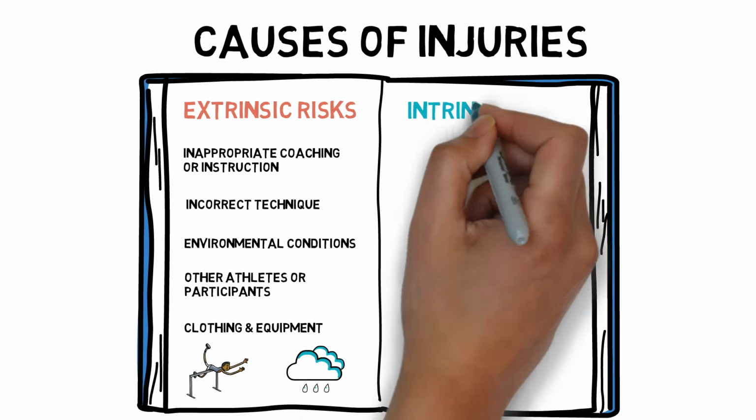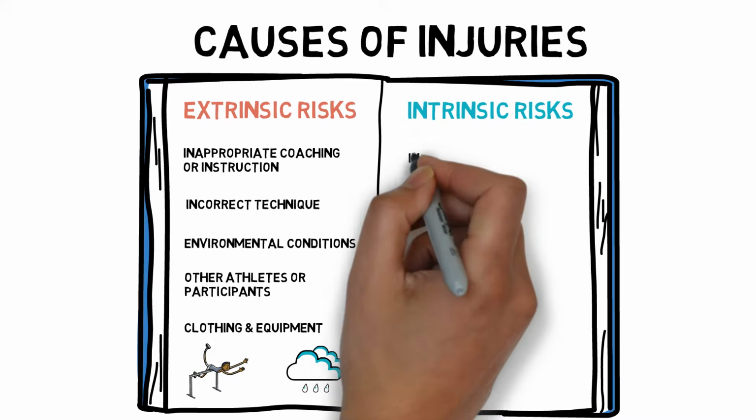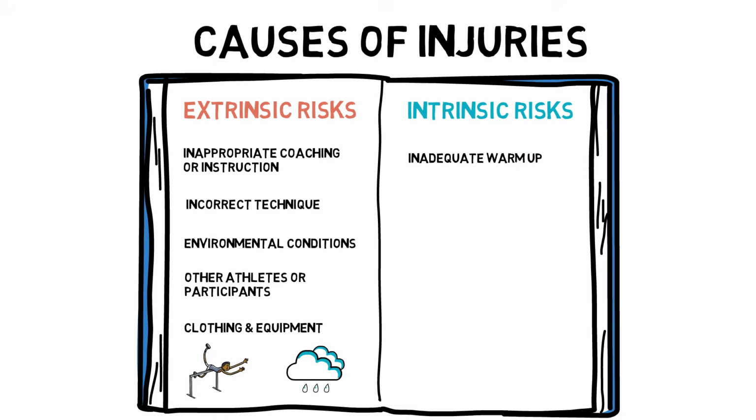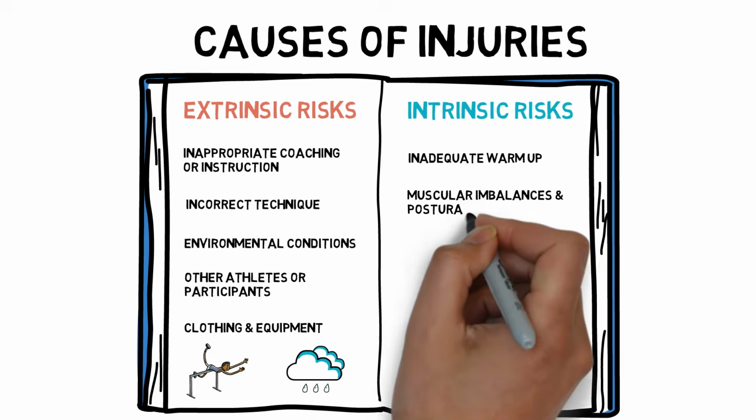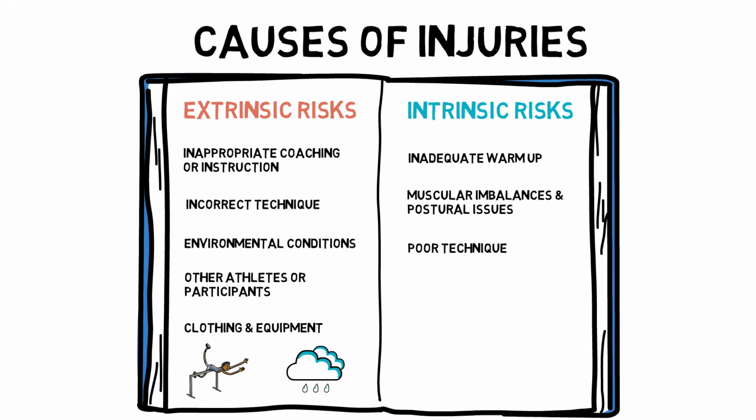Intrinsic risks look at the physical aspect of the individual body that can cause injury, such as an inadequate warm-up, muscular imbalances and postural issues, poor technique, overuse, and age.